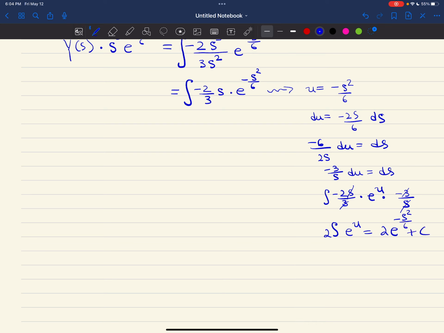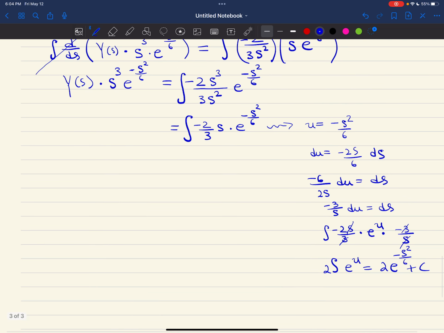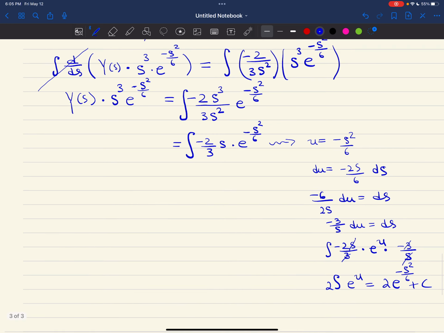This time we have to put in c, and we have to put a constant for the entire thing. Just one constant for the entire equation is enough. So we have big Y of s times s to the power of 3 e to the power of s squared divided by 6.